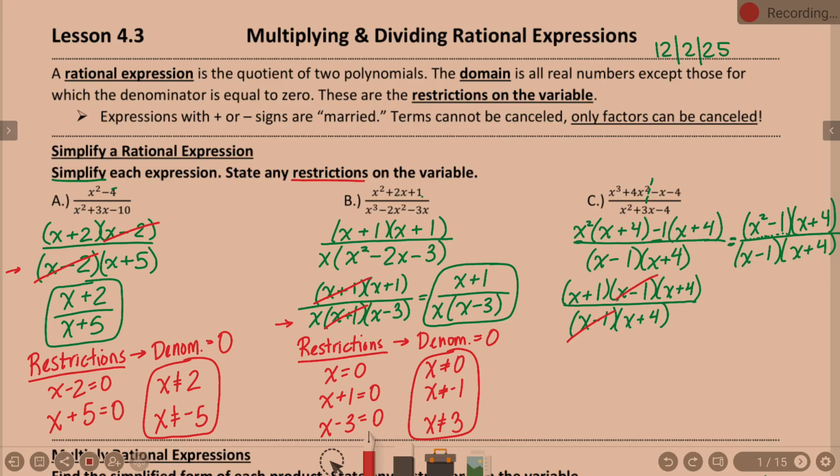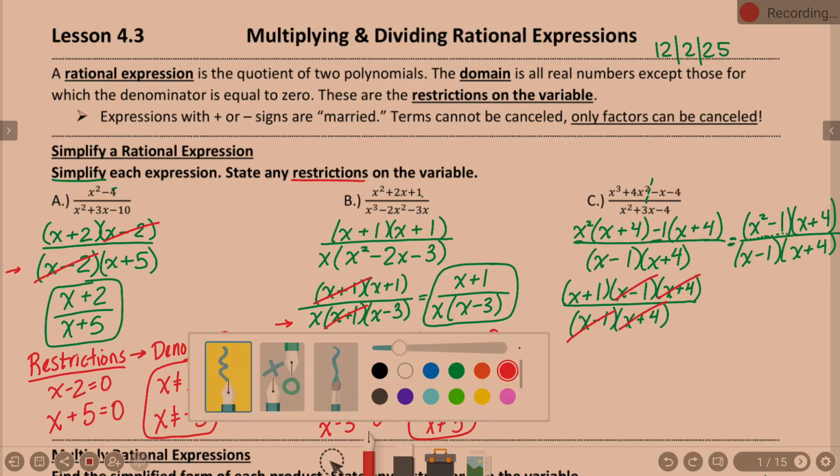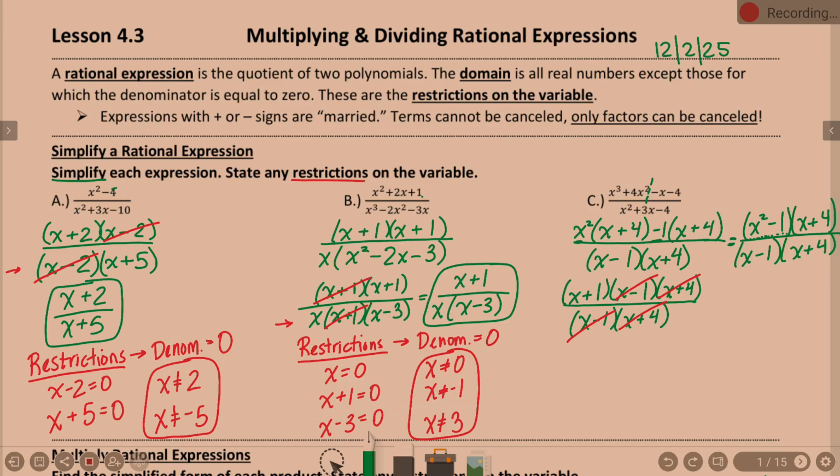And the x plus 4 on top cancels with the x plus 4 on bottom. What remains? X plus 1. Officially what? X plus 1 over what? If everybody cancels on bottom, what is technically left? Not 0.